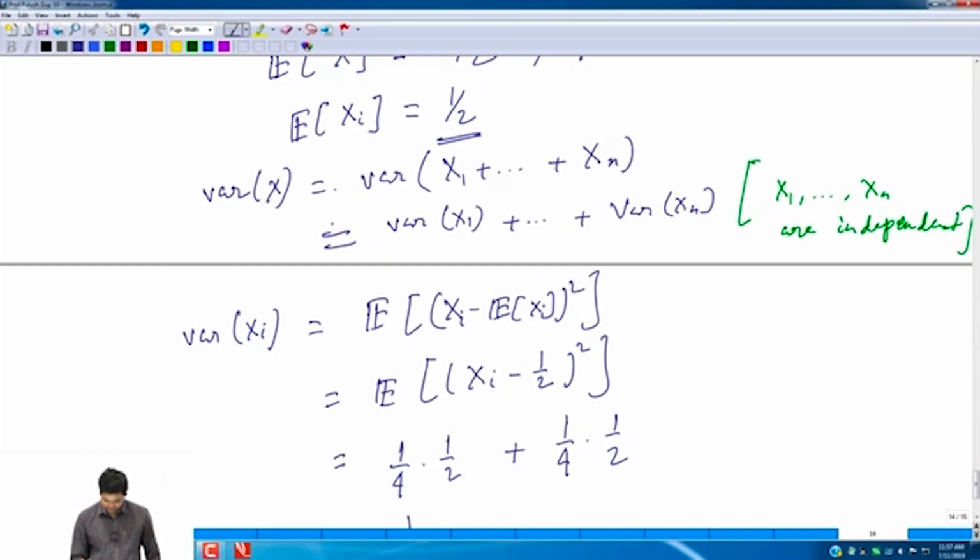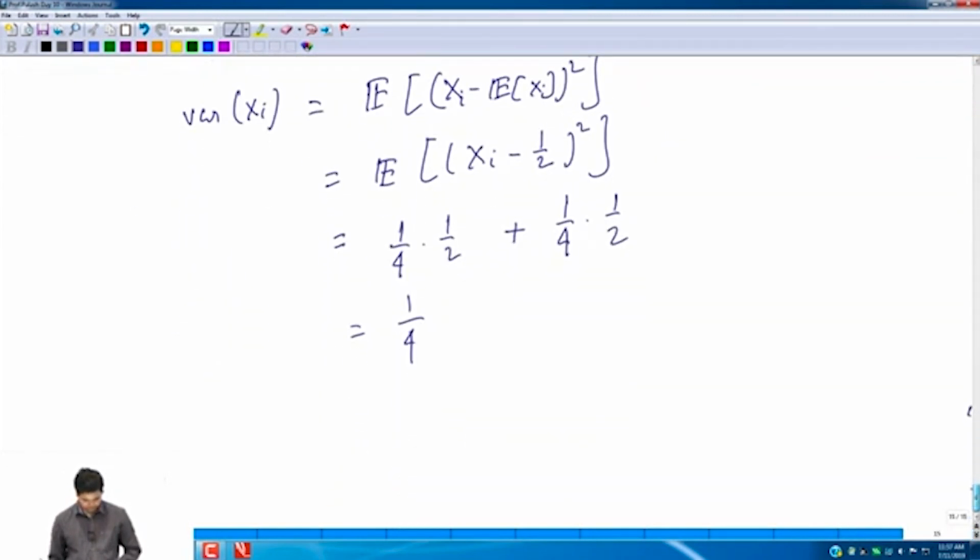from this equality, what we have is that variance of x is nothing but sum of these variances. So we have that variance of x is nothing but n by 4. Sure. So we have variance of x also.